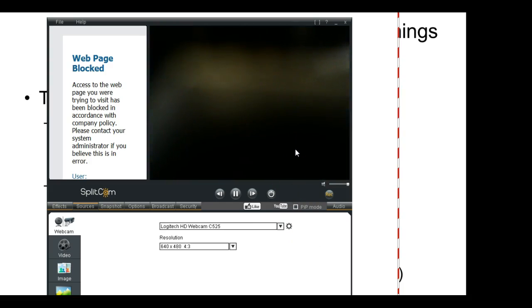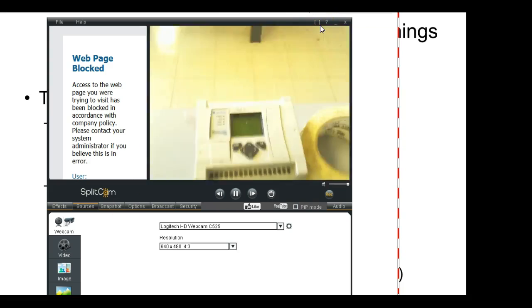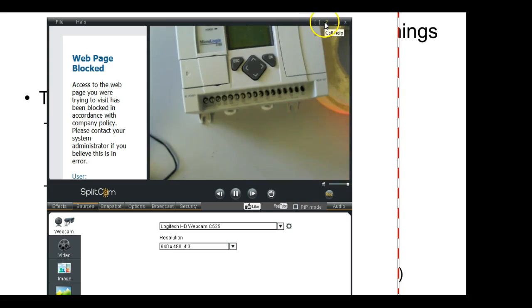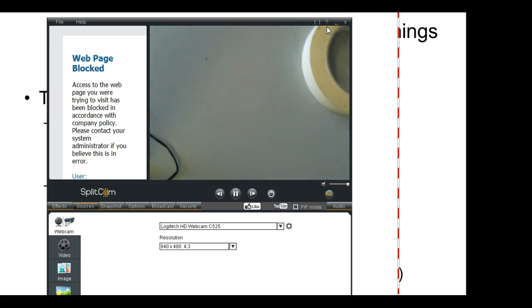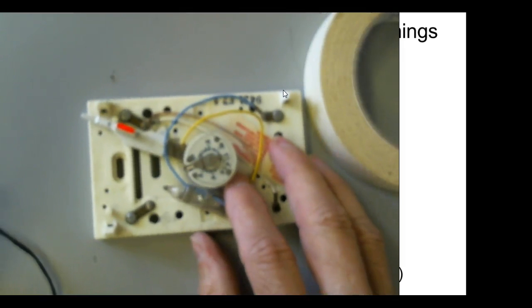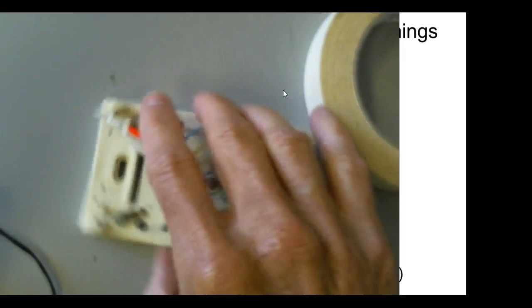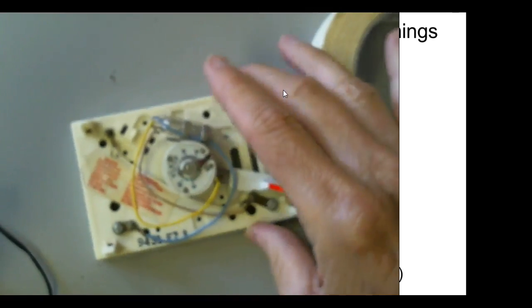So this is the way our old thermostats used to be. So this is an old thermostat.